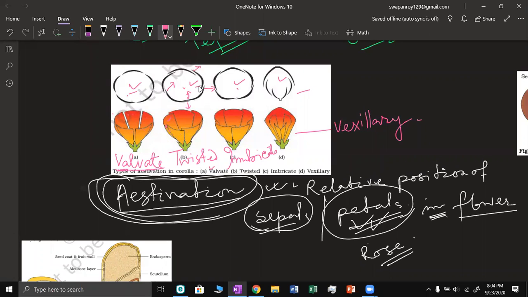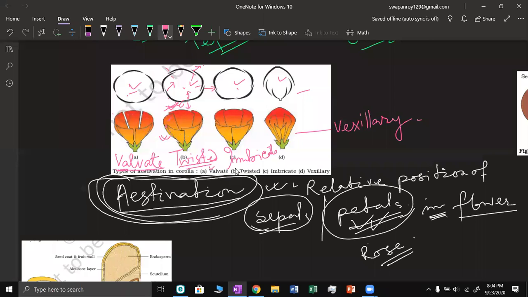One margin covered, one exposed. One covered, one exposed. So this is called twisted type. This one you will find in case of China rose. It is very clear in China rose petals.